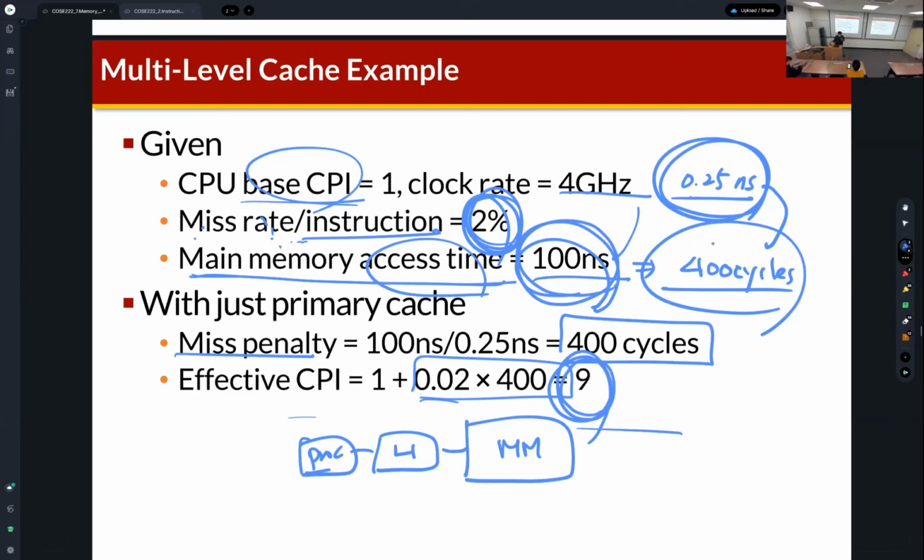That's 2%. But because the main memory is very slow, the effective CPI is 9.